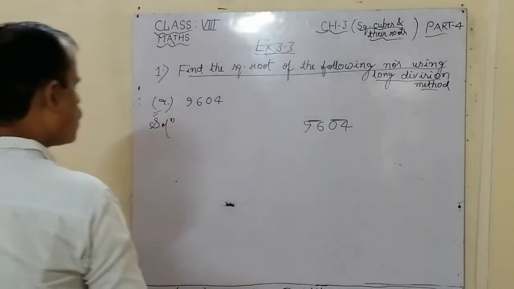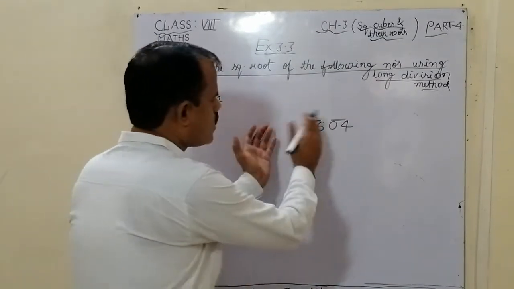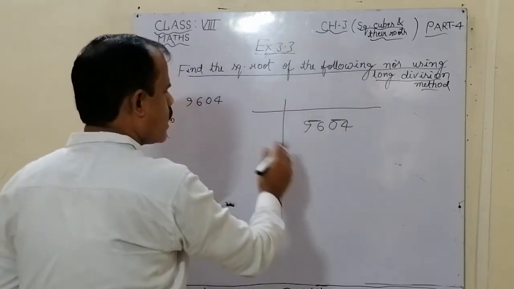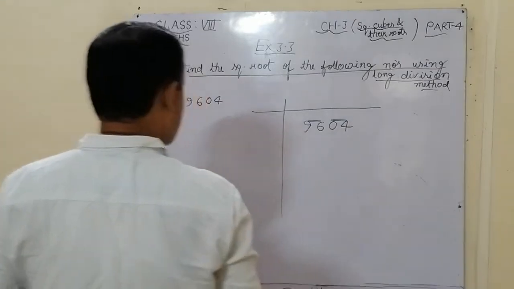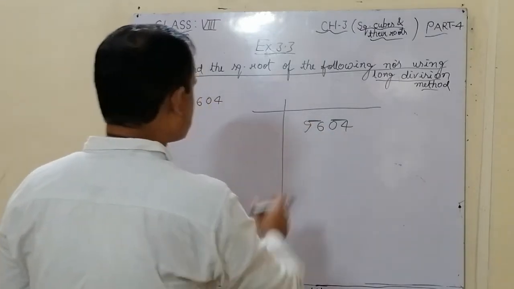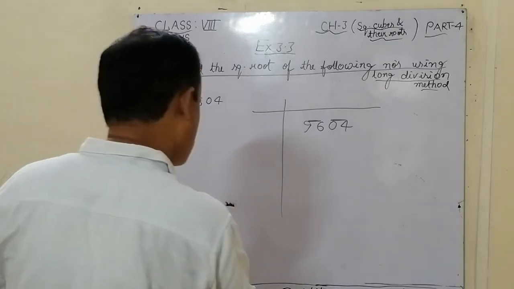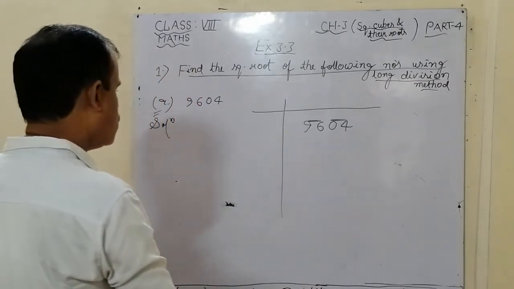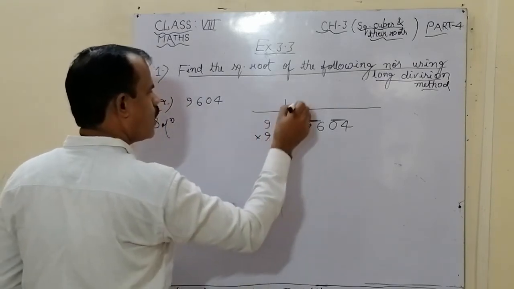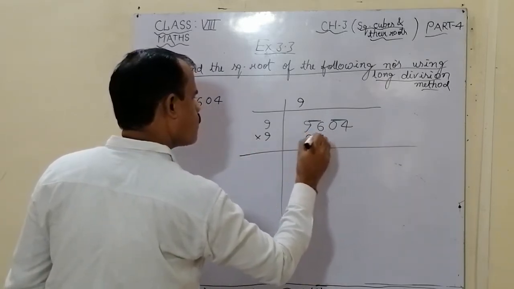Now consider the first pair on the left, that is 96. This is the left side pair and this is the right side pair. So we have to consider the left side pair, which is 96. Select a divisor whose square is less than 96 or closer to 96. 8 eights are 64, 9 nines are 81. So 9 is the closest, 9 into 9. 9 nines are 81.